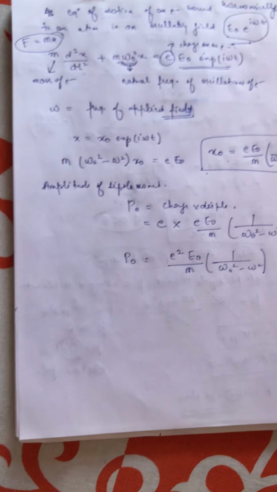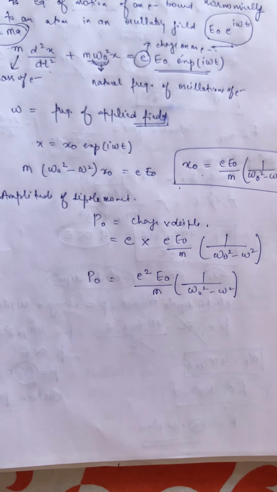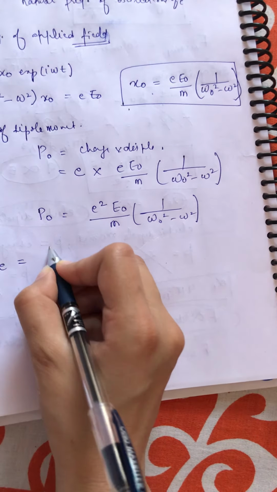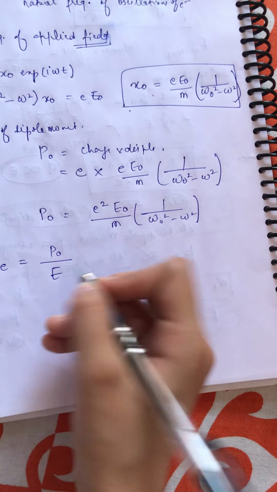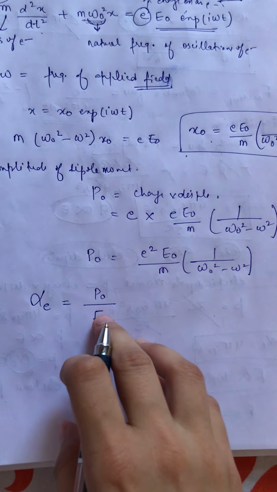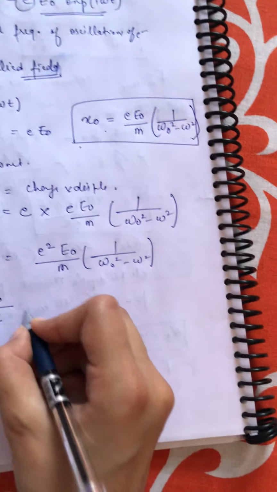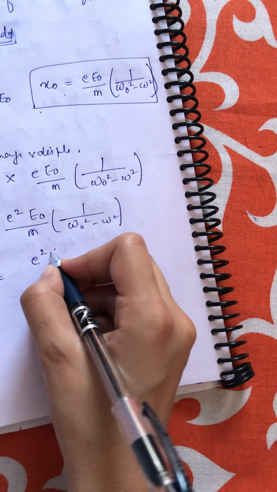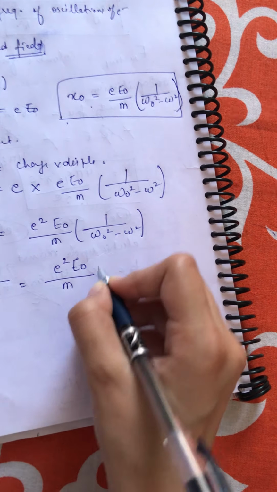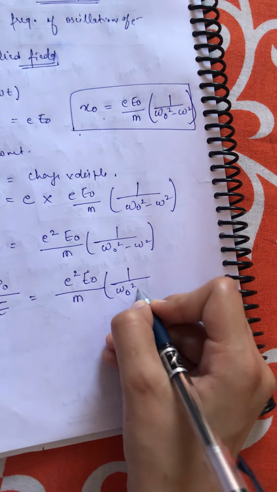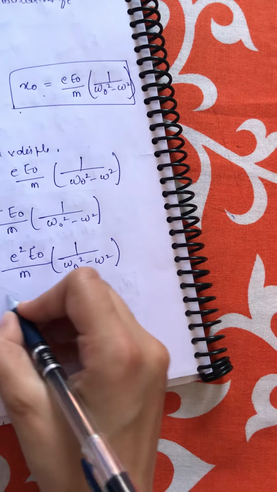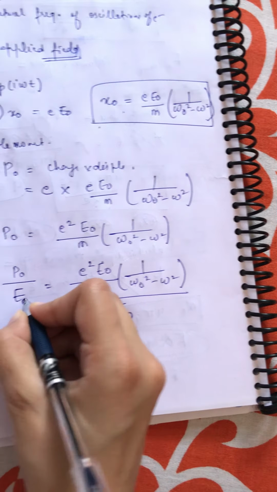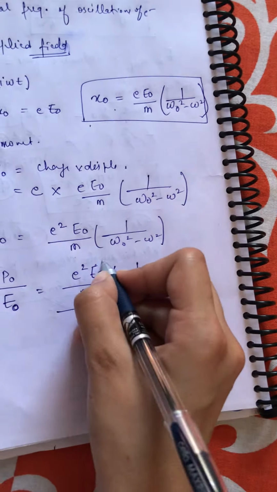Now we will find out the formula for electronic polarizability, which is given as dipole moment per electric field. We will put these values in this equation, which on solving gives us a result upon E naught. Here this is E naught, we will cancel this one.